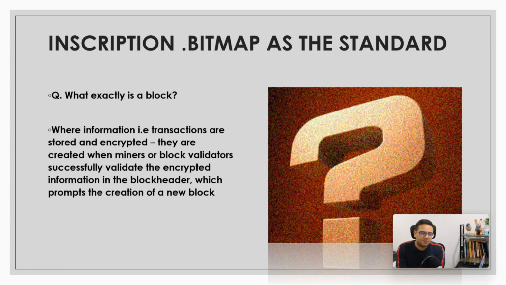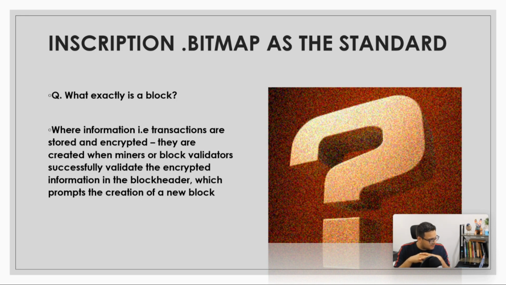Naturally it then would prompt someone to ask, well, what exactly is a block? And I did mention it in my last video when I showed the map of what it looks like, and essentially where this idea of inscribing .bitmap came from, which was on the mempool. And obviously you can see what's on the bit feed.